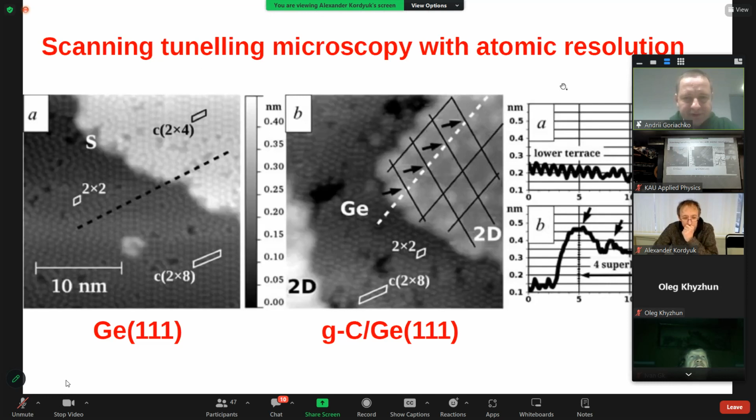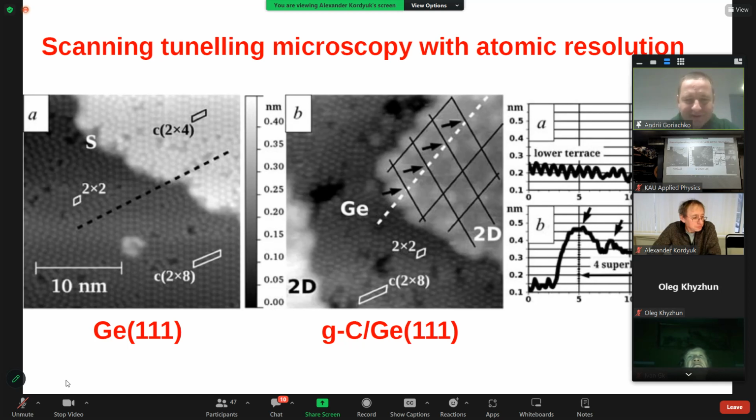If we zoom in, we again can compare the atomically clean germanium substrate on the left and the substrate partially covered by graphene flakes in the middle. Of course, there is no such thing as an absolutely atomically pure substrate, or any kind of material in nature.